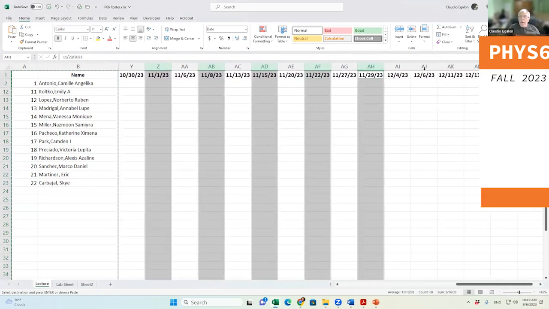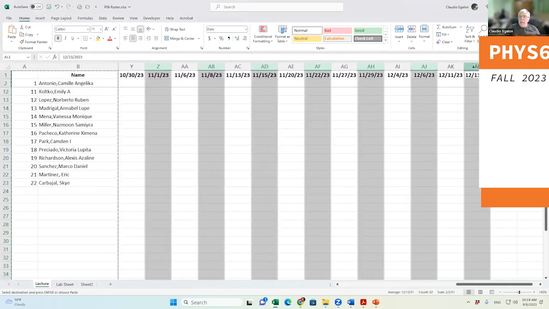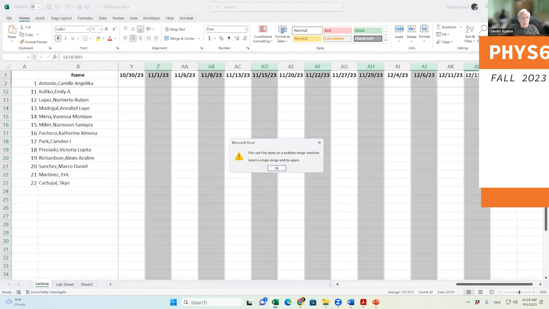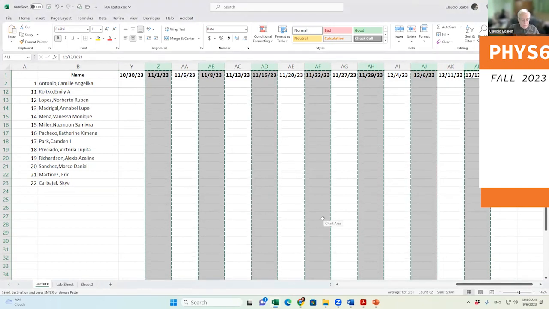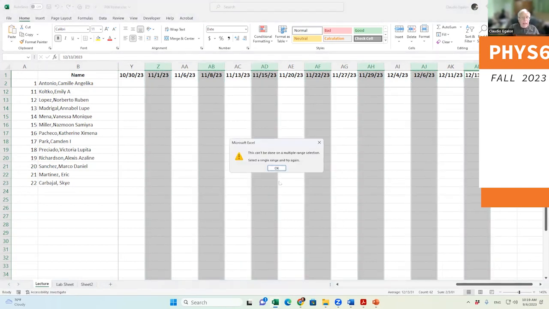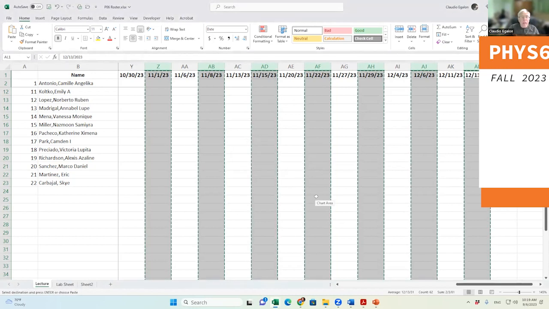What I'm going to do, I'm going to copy and paste. Actually, I'm going to cut and paste. Uh-oh, I cannot do that. Oh, that's not good. Yeah. Oh, haha. Yeah, it does copy, but it does not cut. Interesting.